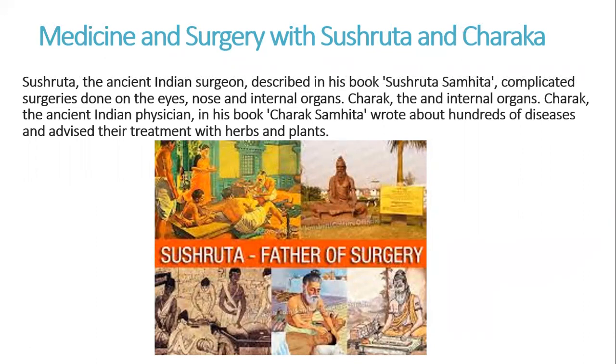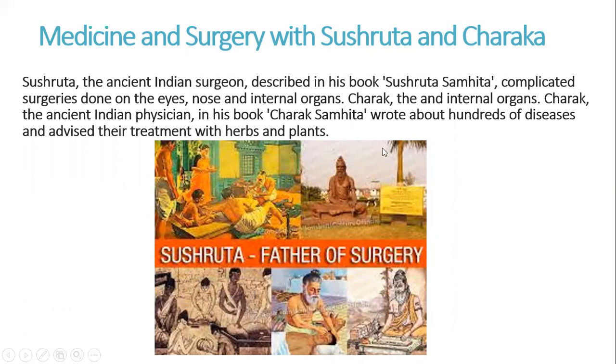Sushruta, the ancient Indian surgeon, described in his book Sushruta Samhita complicated surgeries done on the eyes, nose, and even internal organs. Charaka, the ancient Indian physician, wrote the Charaka Samhita about hundreds of diseases and advised their treatments with medicinal herbs and plants.